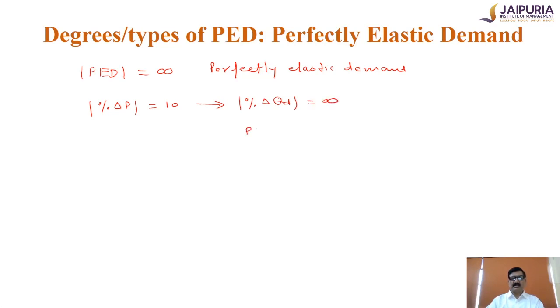So in this case, PED will be equal to infinity upon 10, that is equal to infinity. So in case of such commodities where demand is perfectly elastic, it means if there is a change in price of the product by any percentage, quantity demanded of that product will change infinitely.